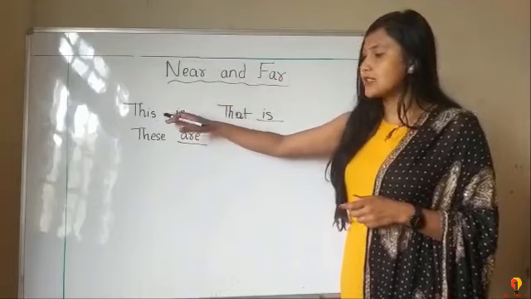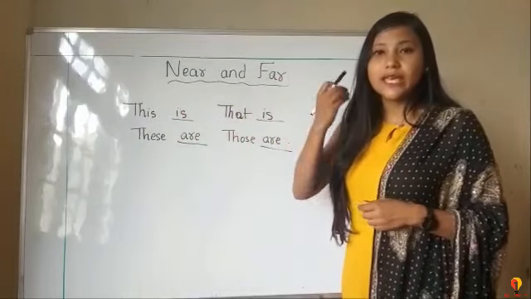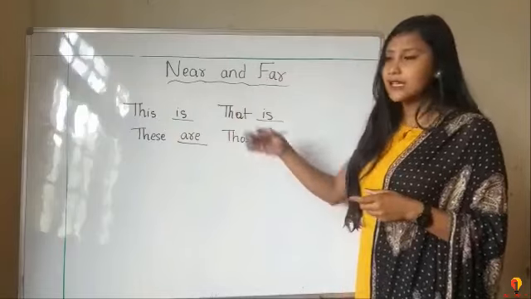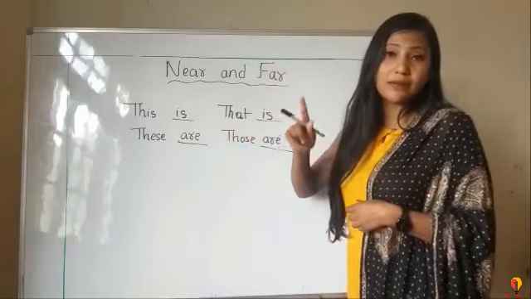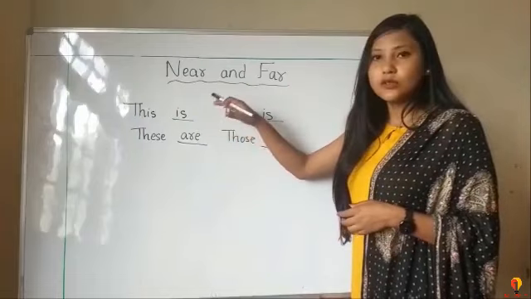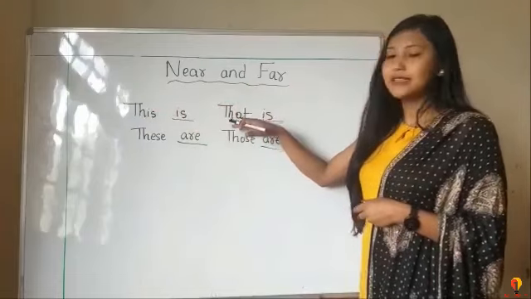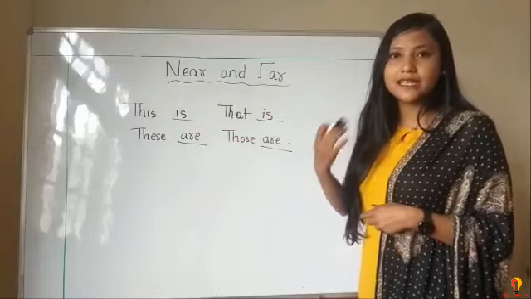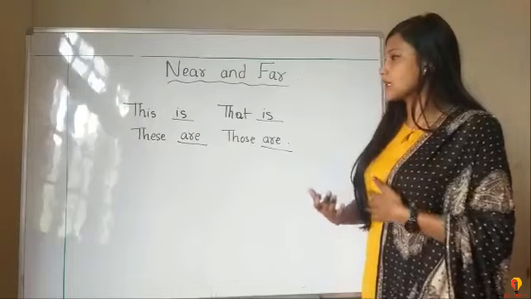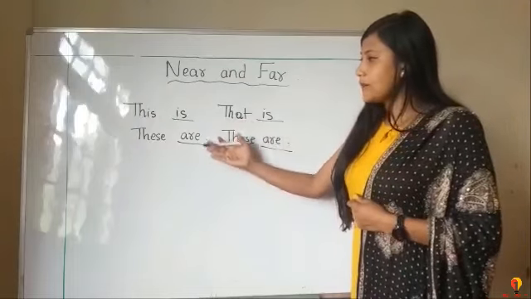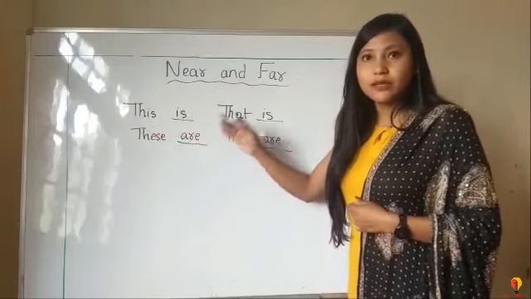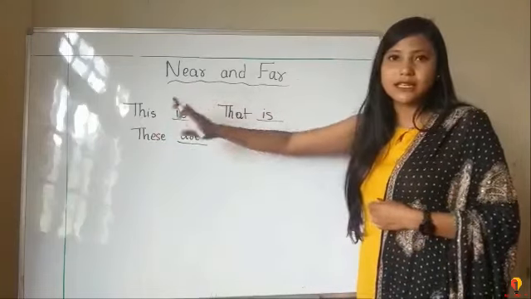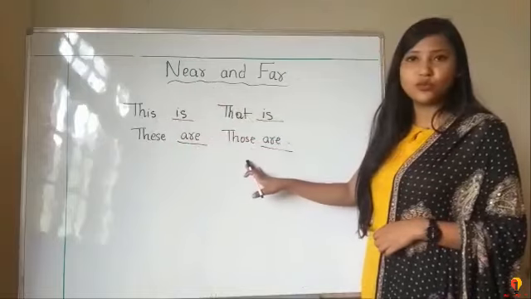Because this जब हम डिनोट करते हैं तो एक चीज़ के लिए पॉइंट आउट करते हैं, तो इसीलिए सिंगुलर और वन वर्ड में हम क्या यूज़ करते हैं? is. So this is और that is. But जब हम पॉइंट आउट कर रहे हैं एक से ज़्यादा चीज़ों के लिए, तो हम क्या यूज़ करते हैं? are. क्योंकि these are, क्योंकि वो एक से ज़्यादा चीज़ें हैं, इसीलिए हम these are and those are यूज़ करते हैं.